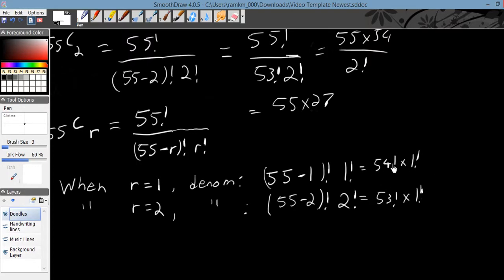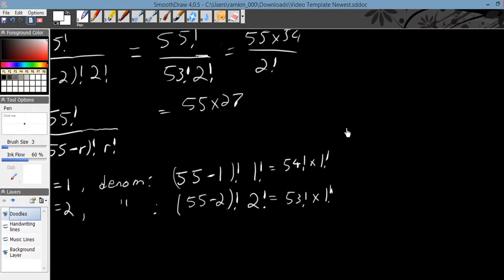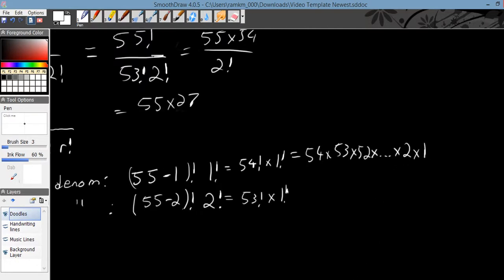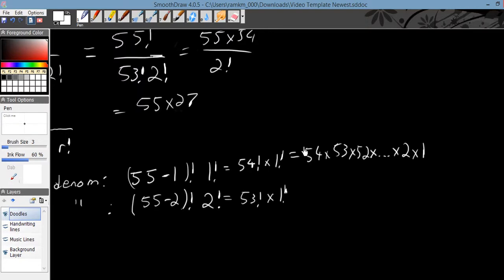So this is basically the same thing as 54 times 53 times 52 all the way to 2 times 1, and all of this times 1 factorial, which is just 1.